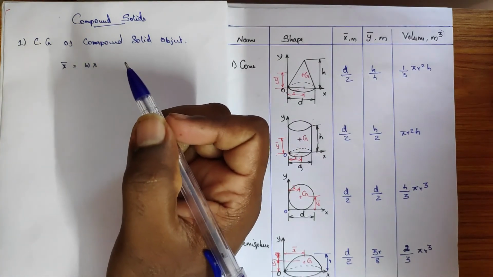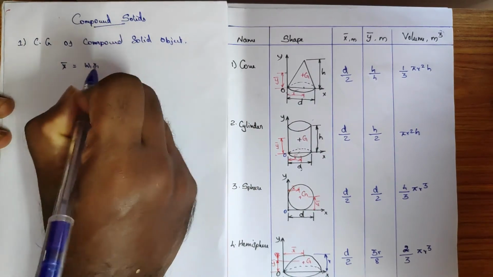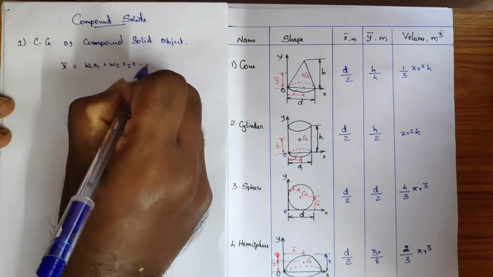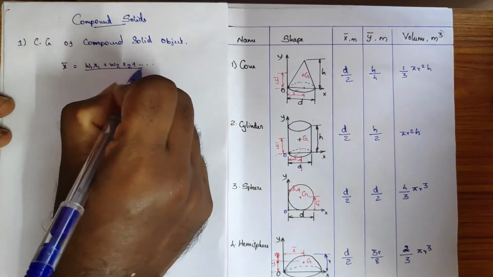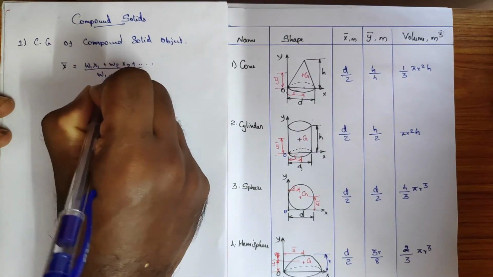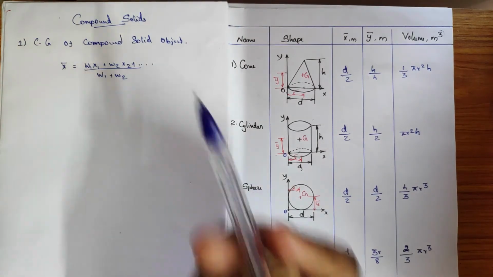Okay, so here if you have a number of objects, for example W1 x1 plus W2 x2 plus, it goes on just like this, and divided by W1 plus W2. What's the difference is, instead of area we just place the W1.